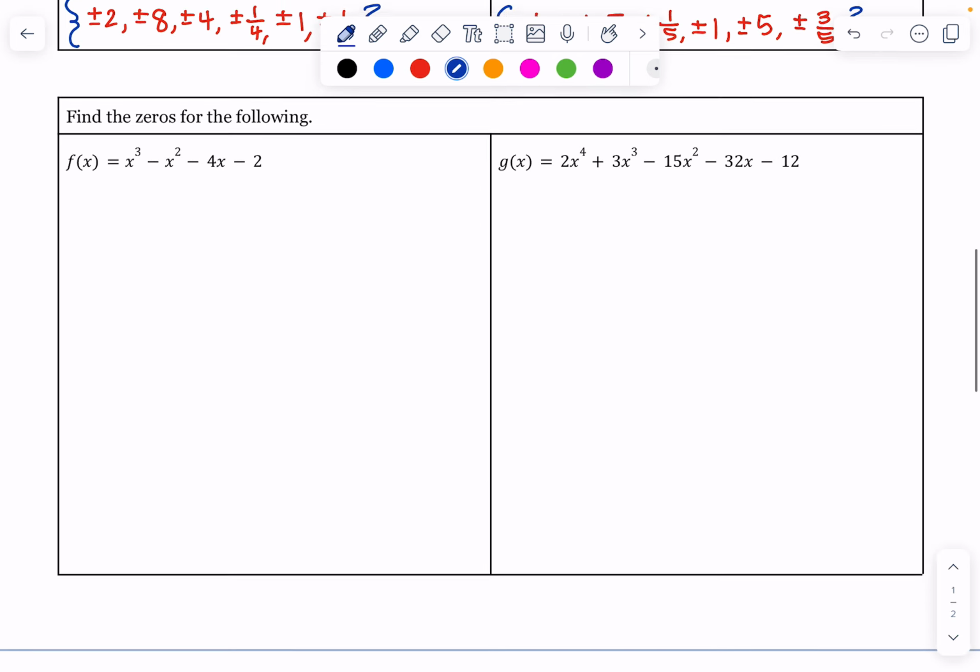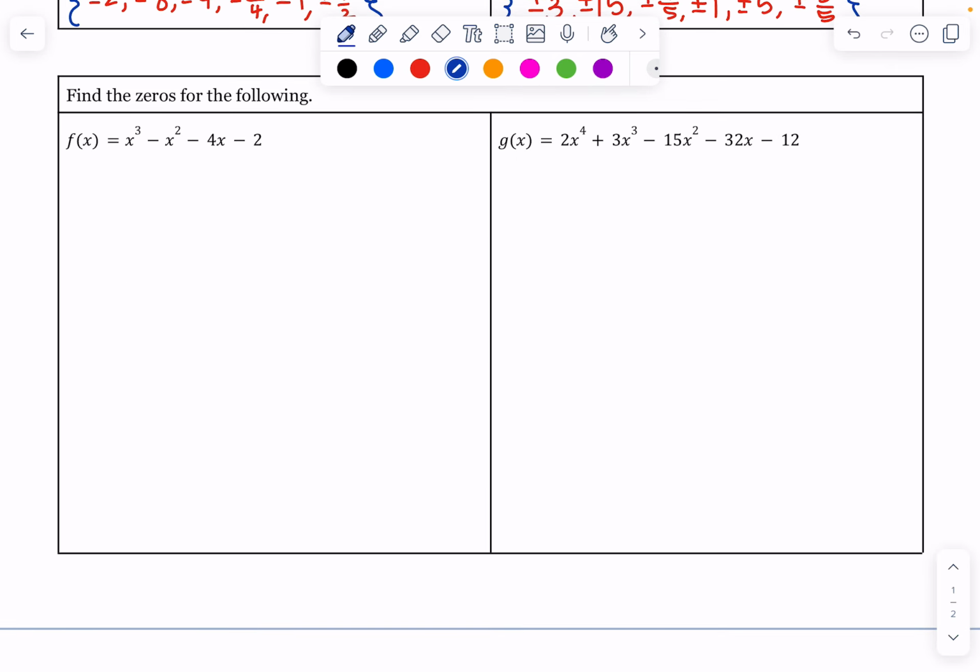Okay, for these next two, it says find the zeros for the following. For this first one, we have x cubed minus x squared minus 4x minus 2. So first, we want to find the possible zeros like we did above by listing out all the factors of p over q. So just to keep organized, p is going to be -2 and q is a +1.